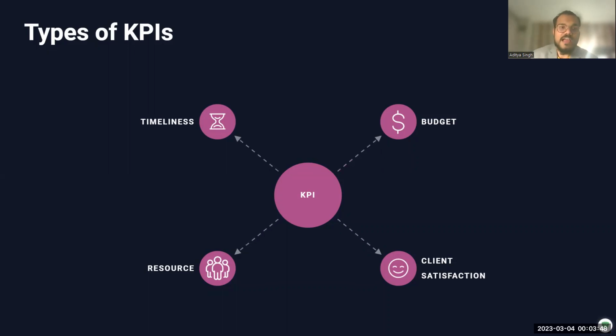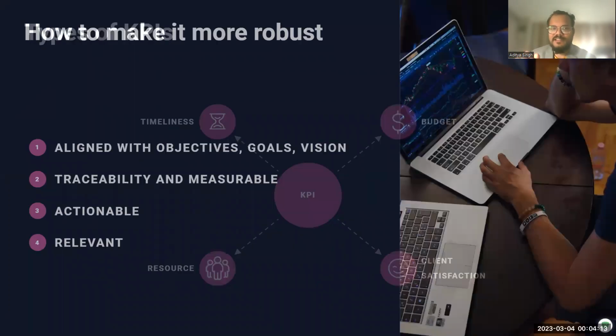Some are related to time: whether we are doing it within the time we have allocated or not, how much extra time we are taking, and whether it's more than the time we have planned. If it's taking less time, what's the reason behind it? Then other types of KPIs are budget, resource, and client satisfaction. Mostly we can categorize all of them in these four broad categories. Let's see more in detail.